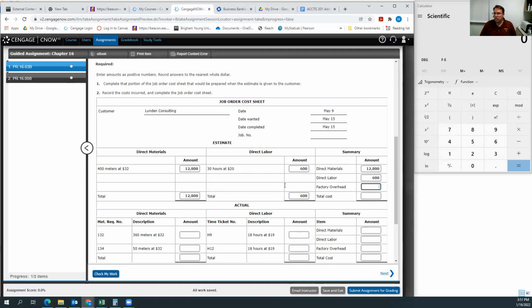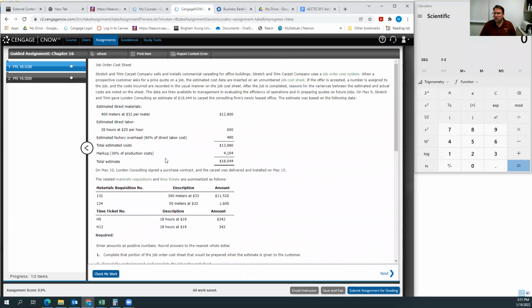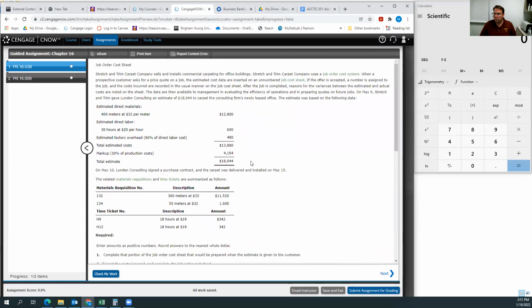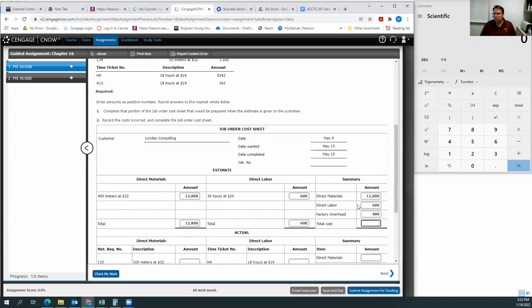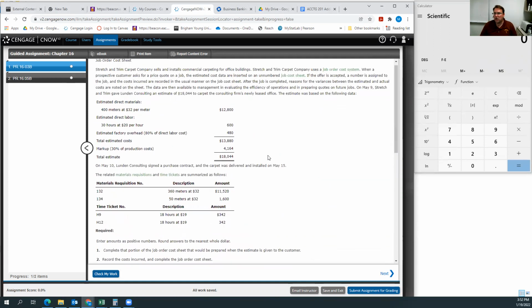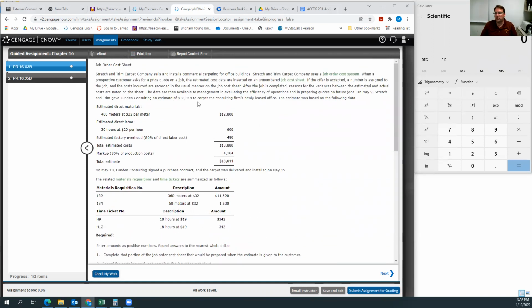And then it tells us that our factory overhead is 80% of direct labor costs, or $480. We can add those all up, or they're already done for us up here. So it's 18,044. So this first section is really just us putting into the job order cost sheet this information that was already given to us.